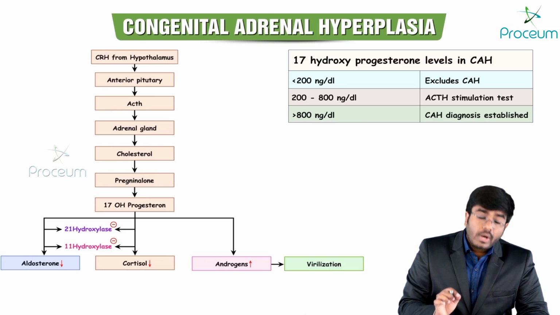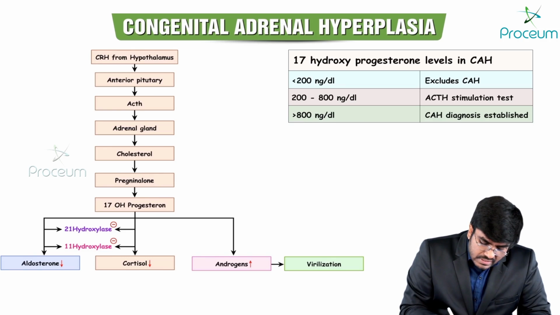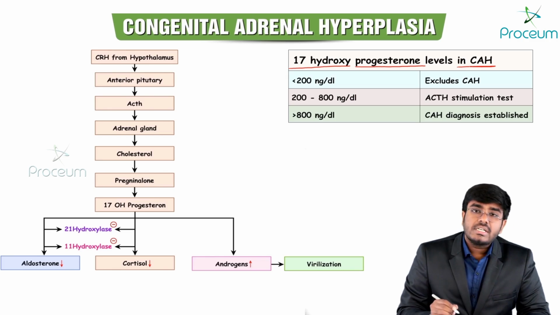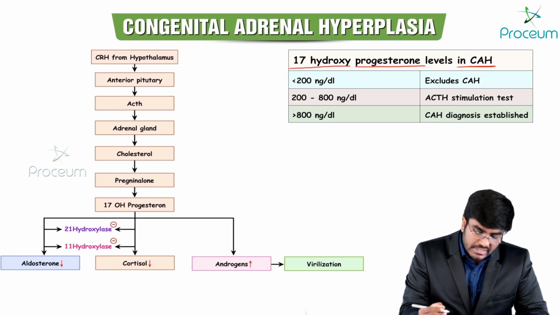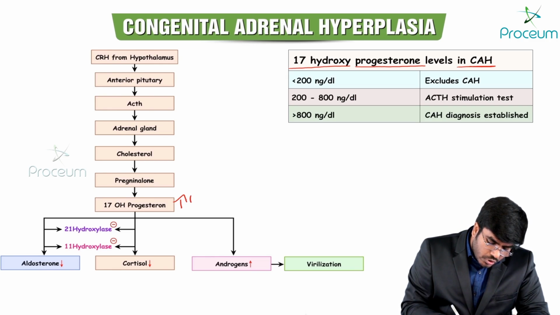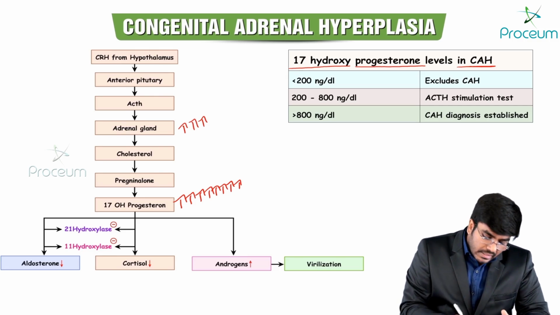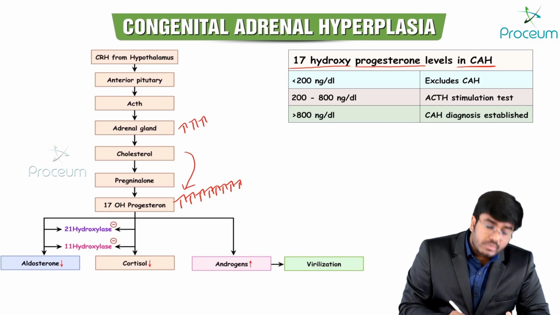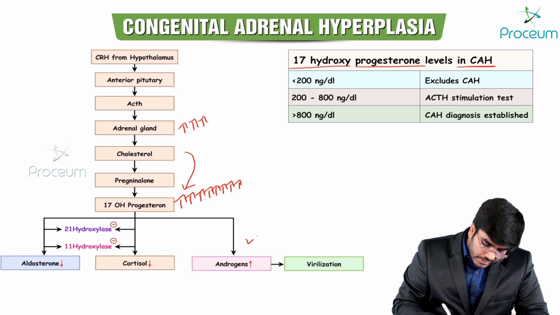Now guys, an important MCQ is, what are the levels of 17-hydroxyprogesterone in congenital adrenal hyperplasia? In the condition of congenital adrenal hyperplasia, the 17-hydroxyprogesterone levels are elevated. We have already discussed, because of the excessive stimulation by the ACTH, in the adrenal gland all the cholesterol is getting converted into 17-hydroxyprogesterone, and all this 17-hydroxyprogesterone will be getting converted into androgens.